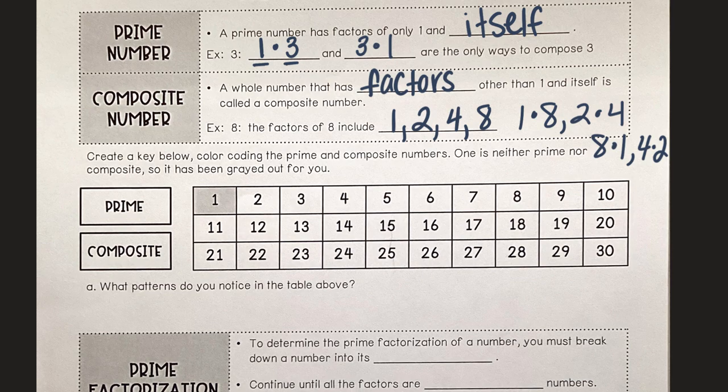The prime numbers that I have here are 2, so you can go ahead and circle 2. 3. 4 is not a prime number. It's a composite number because you can multiply 1 and 2 in order to get 4. So we're going to skip that one.